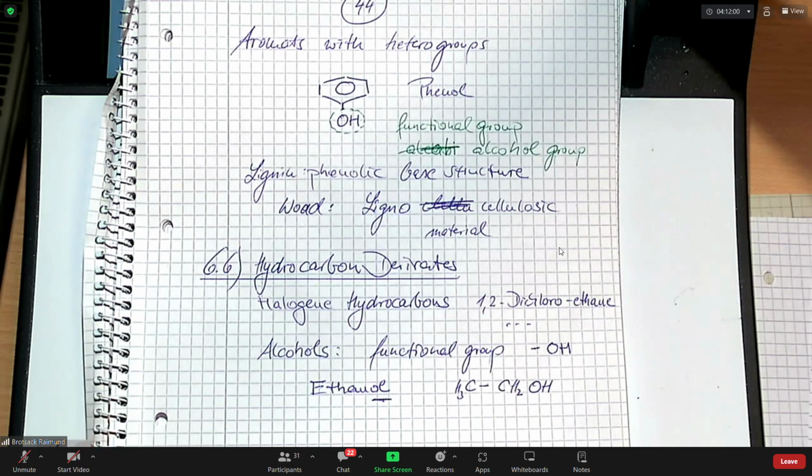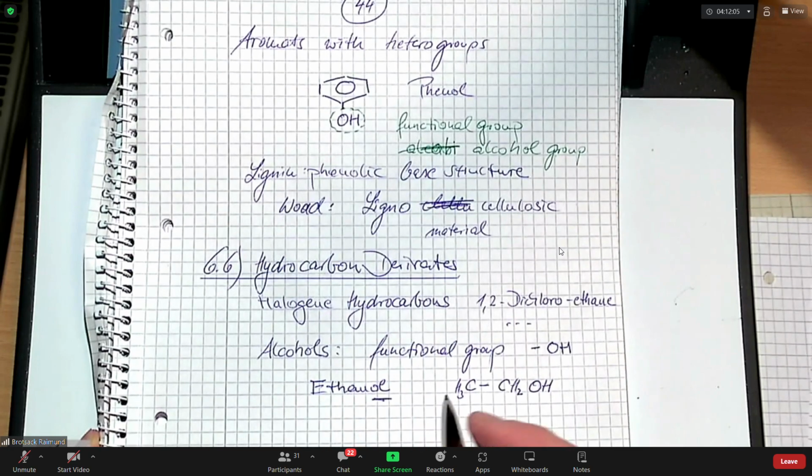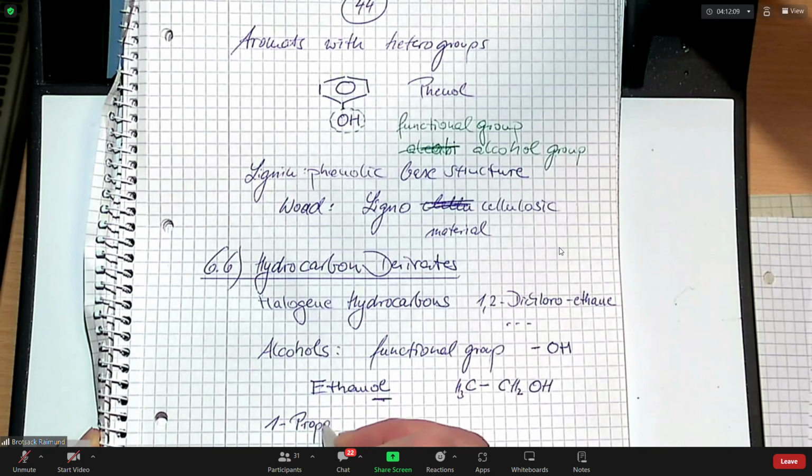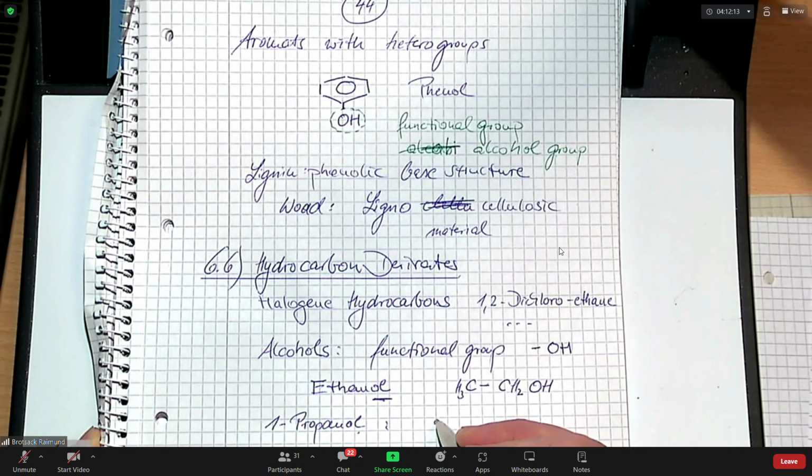Even here we have to talk about where we do have the alcohol function. When we talk about 1-propanol, then the alcoholic function is on the first C atom.